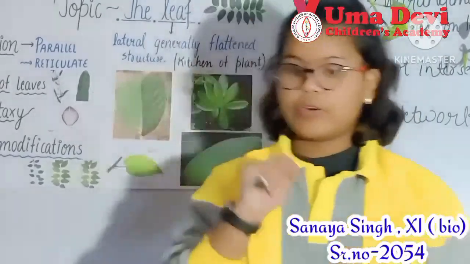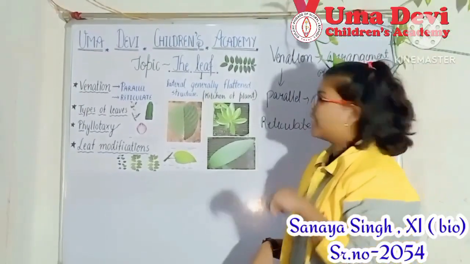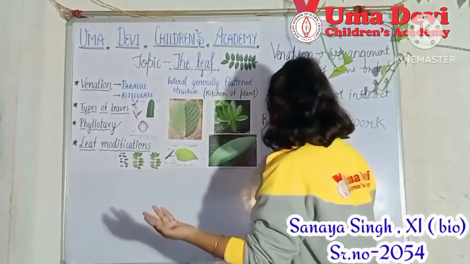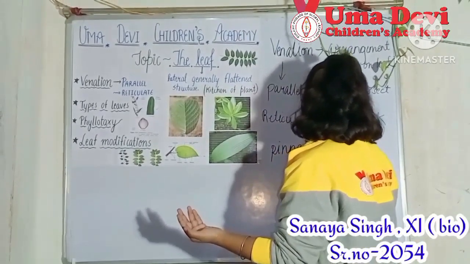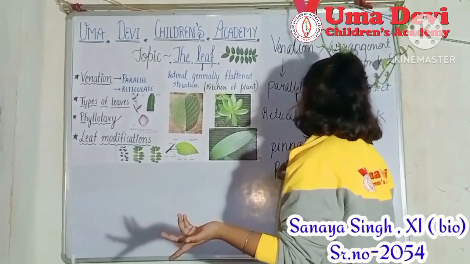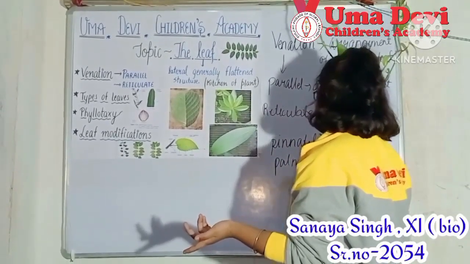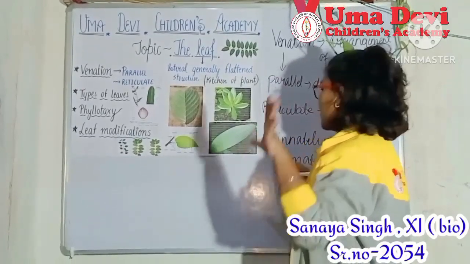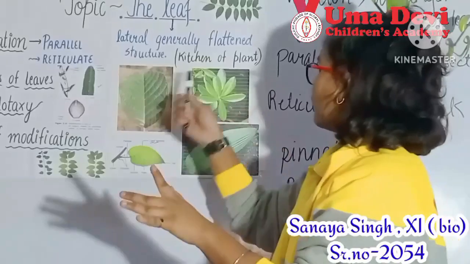The compound leaf is also of two types, pinnately compound and palmately compound. Let us know these with very simple examples. First, palmately compound. Palm means the palm of the hand, hatheli kind. So the structure forming like a palm is the palmately compound, you can see here.